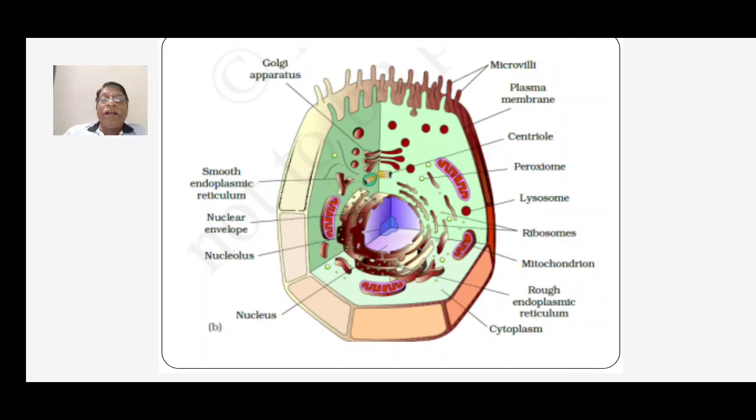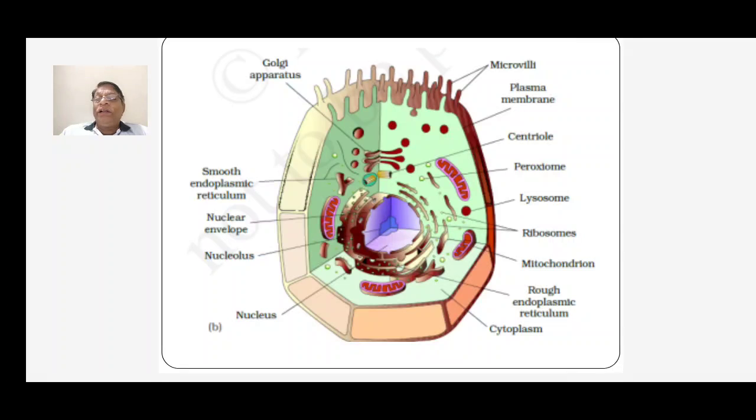In this diagram, we have shown chloroplast, nothing but a type of plastid which contains chlorophyll pigment, present in the plant cell, absent in the animal cell.